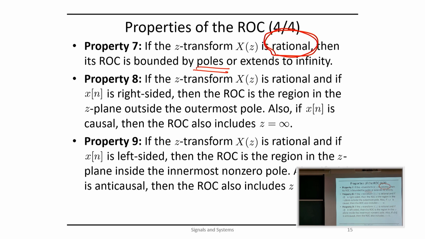So if you have something like this, suppose that this is the unit circle, and you have a pole here, and you know that it is right-sided and rational, then your ROC must be something like this. But what it cannot be is something like this.